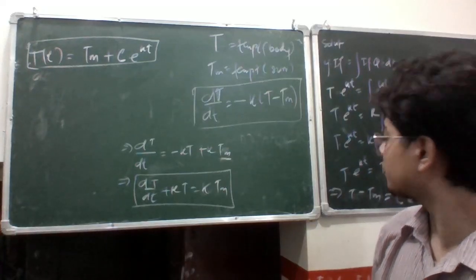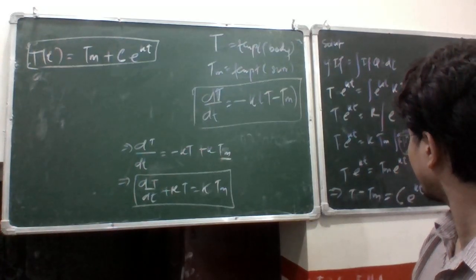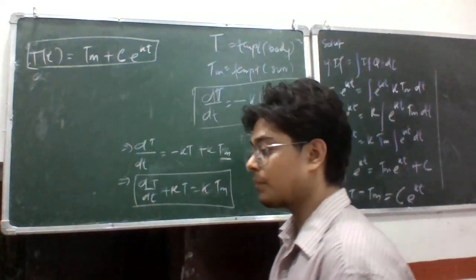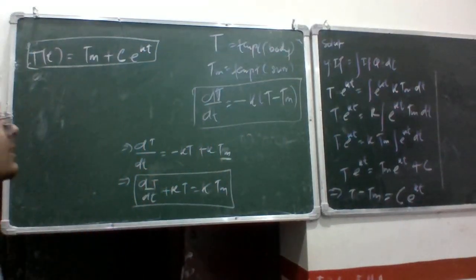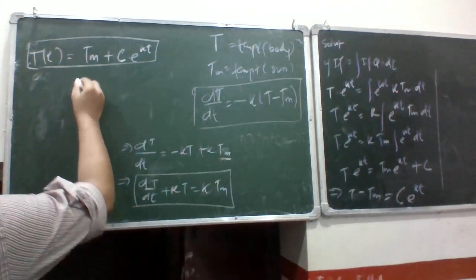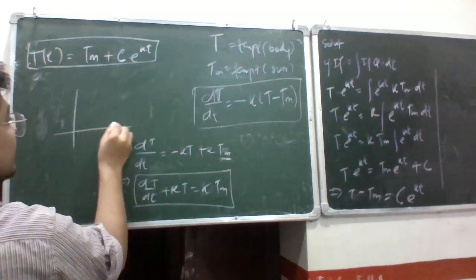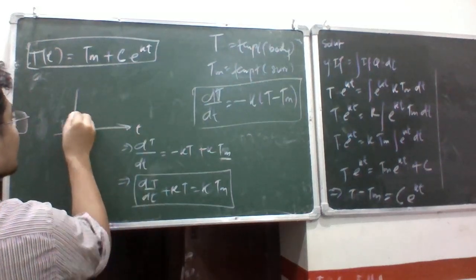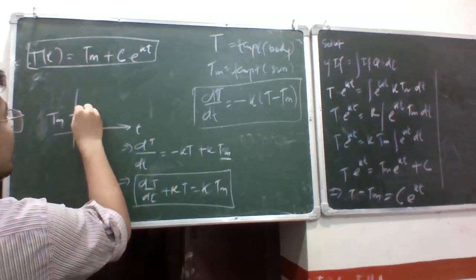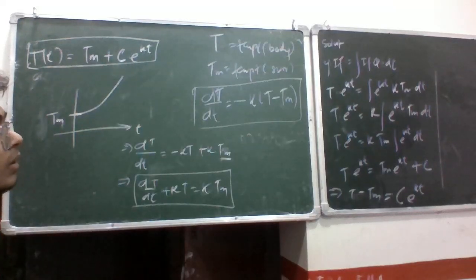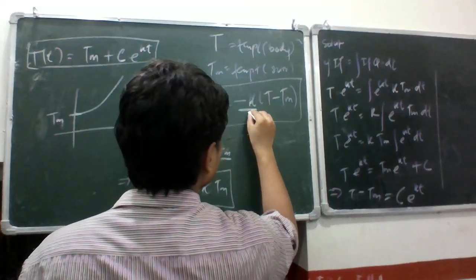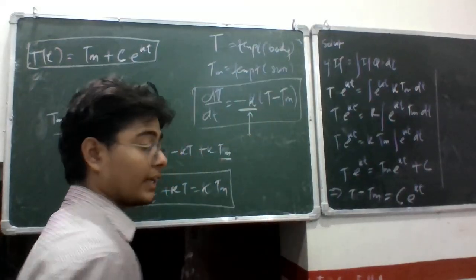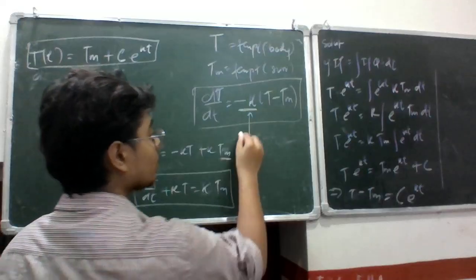Now one thing that I missed here is that if I see this differential equation, it says that at every instant of time t, after a certain point Tm, it is increasing. But since I have taken this k to be minus k, that means the body is not heating but rather cooling.